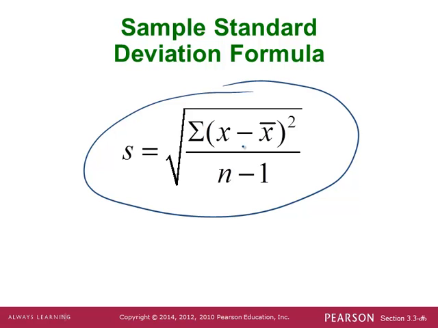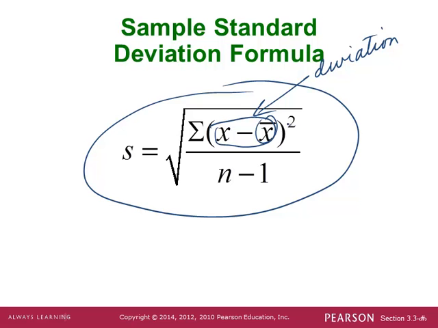Now let me try to explain this. What's going to happen is you're going to first compute the sample mean. That's what X bar is. And then you're going to go through and take each number in your data set, subtract the mean. And they call that difference a deviation. So when you take the mean and subtract it from the data value, you produce what's called a deviation.